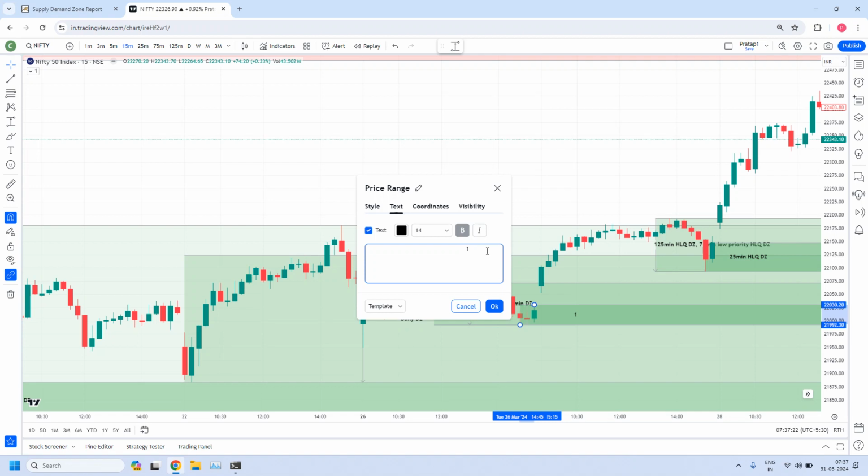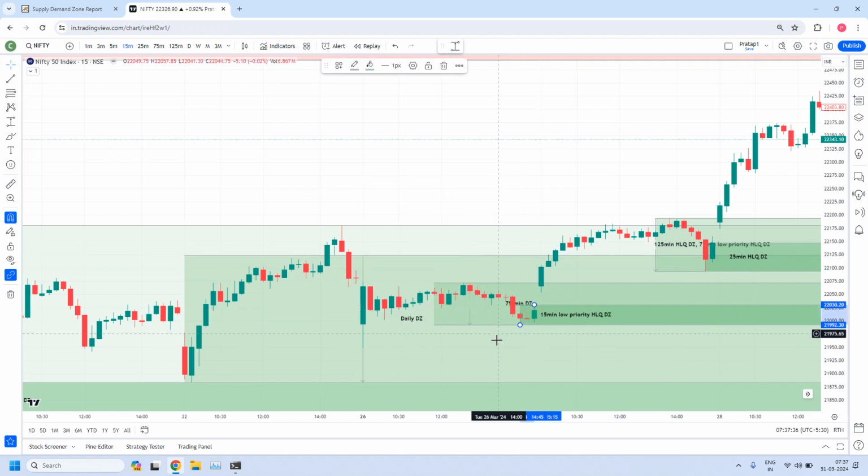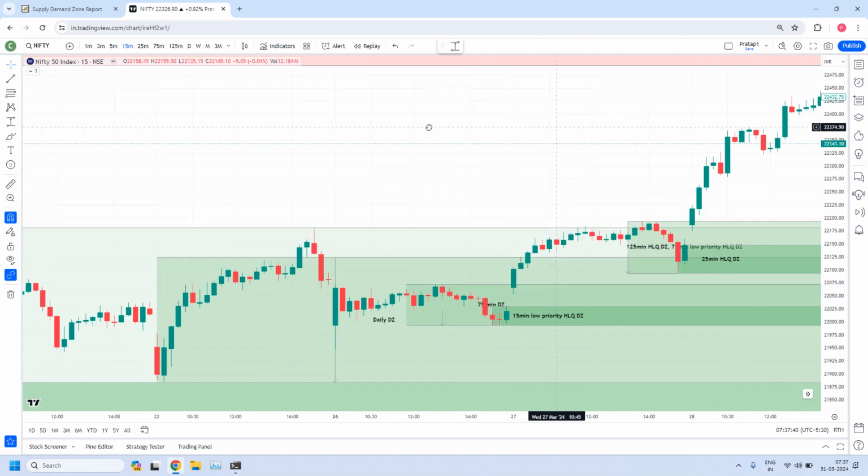So 15 minutes, low priority, high liquidity. So inside 75 we fine tune to 15 minutes.